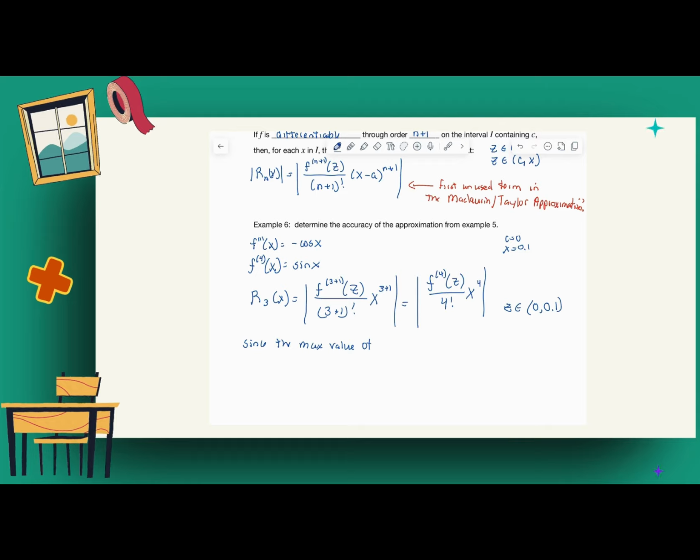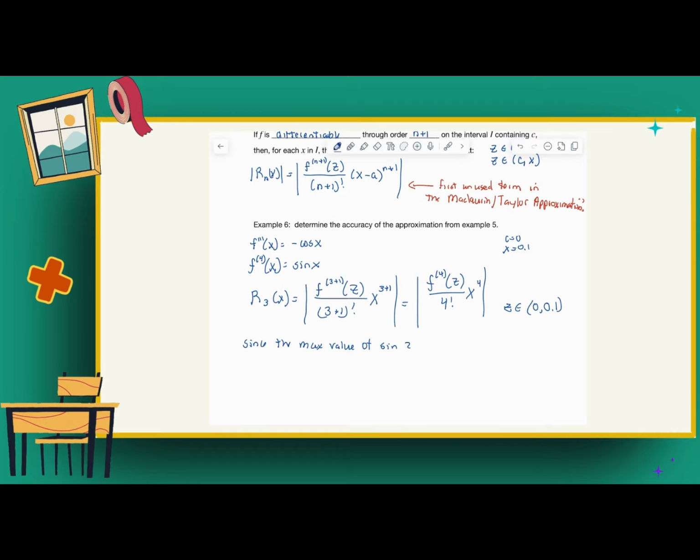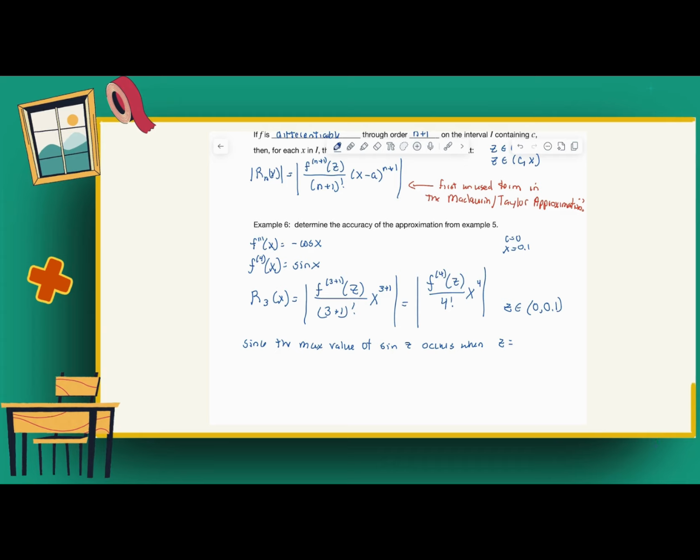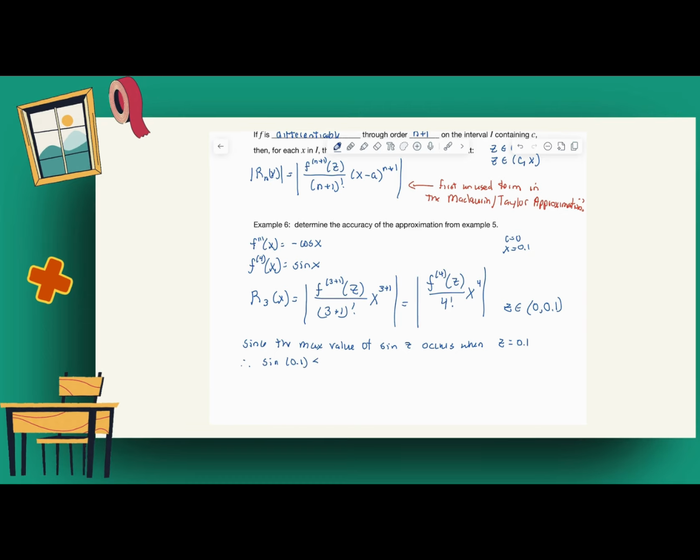Since the maximum value of sine of z between 0 and 0.1 is sine of 0.1, whatever that value is, we don't know exactly, but that value of sine of 0.1 needs to be less than 0.1. So that makes logical sense that we could conclude that the sine of 0.1 would be less than 0.1.